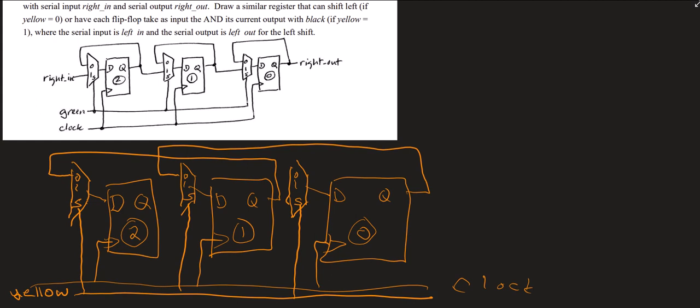So since there's nothing to the right of flip-flop 0, we have this variable that we're going to call left in, and that's going to go here. And since there's nothing to the left of flip-flop 2, its output is going to be left out. So I'm just going to draw that and label it left out.